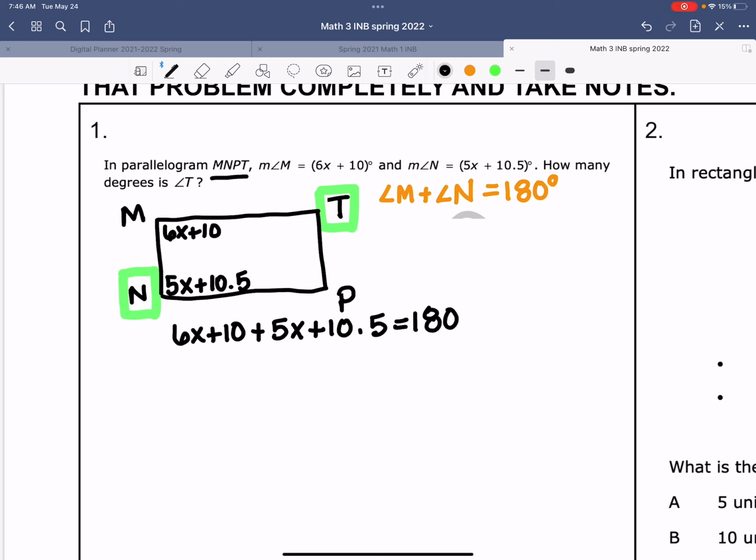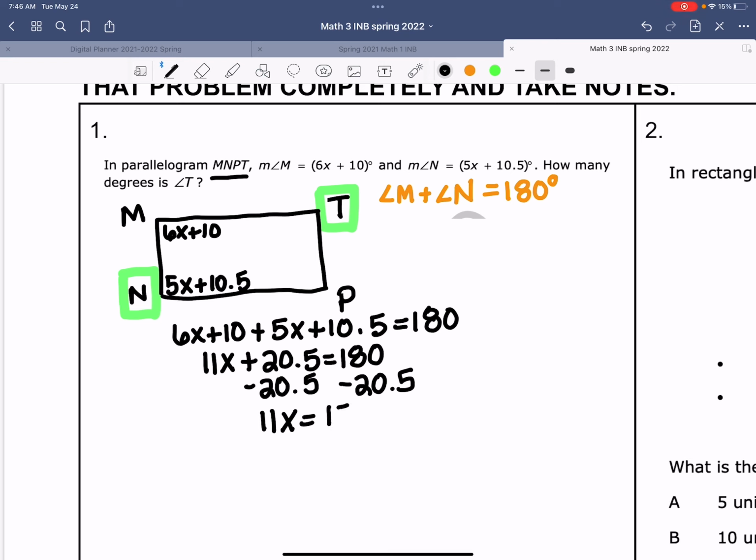Now, we're going to combine like terms, and that's going to give me 11x. So 10 plus 10.5 is going to give me 20.5 equals 180. So we're going to subtract that 20.5, and we get 11x is equal to 159.5.